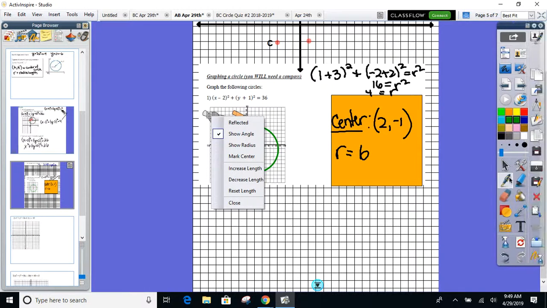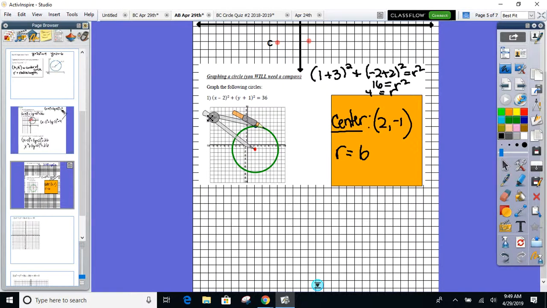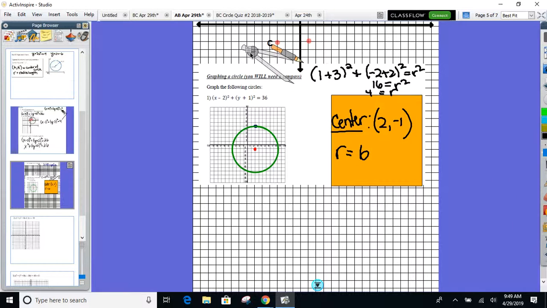There it is. Look at those circles, beautiful. I'll let you just enjoy that one because it's not going to be much enjoyment on the next one.